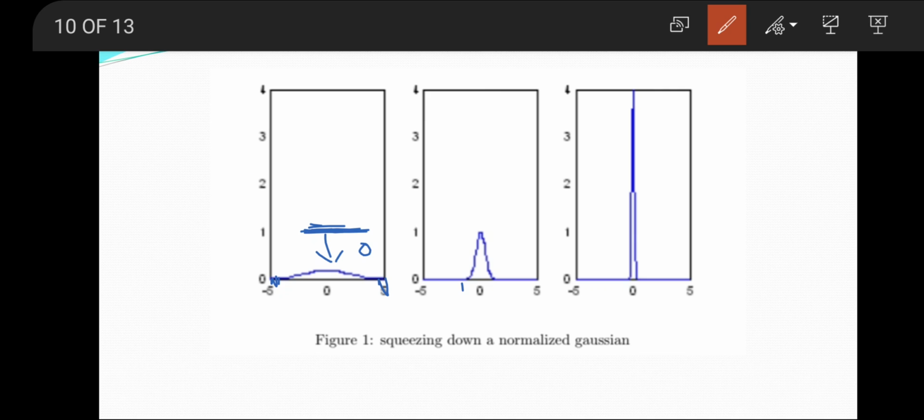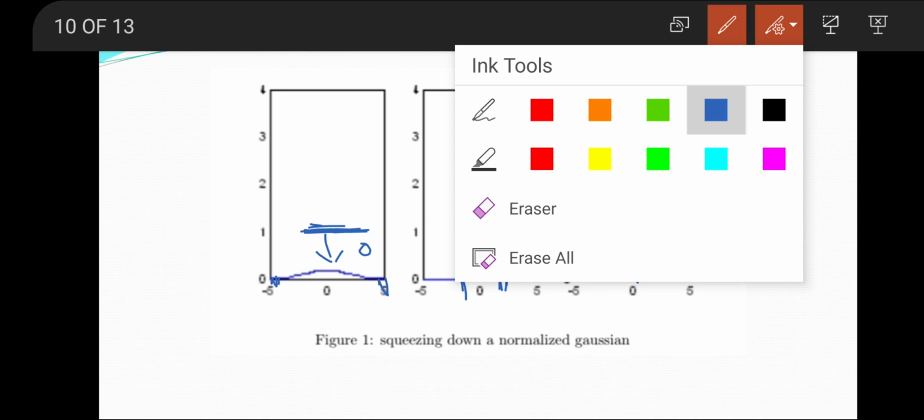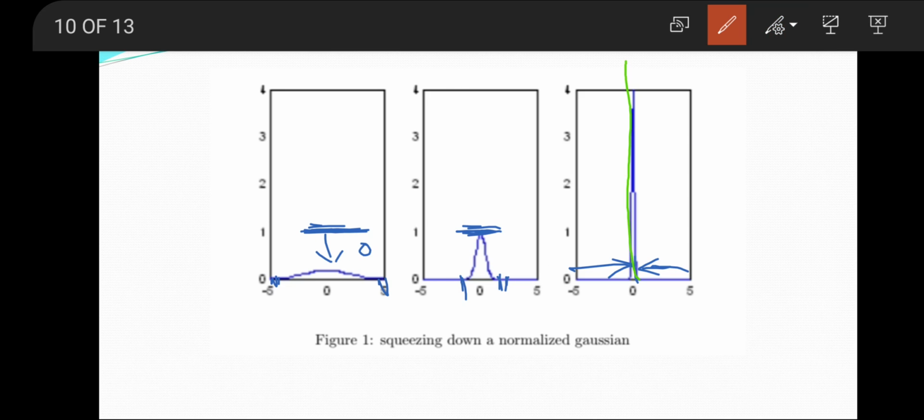Near the 0 value, it reaches the value 1. When its width is completely compressed, the value reaches its infinite condition. Width decreases, height increases.